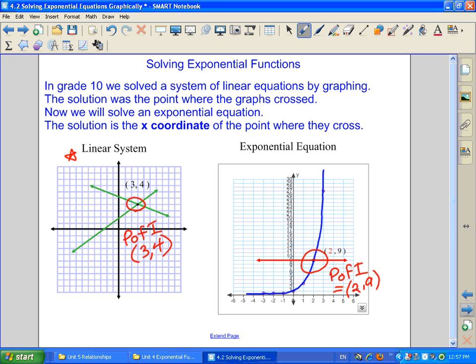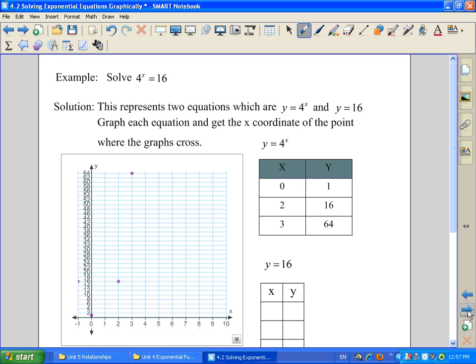Okay, let's take a look at another example. Now I want you to incorporate what we just talked about into this example. It says solve 4 to the x equals 16. This represents two equations. The first one, hopefully you recognize as an exponential, because it's got x as the exponent.